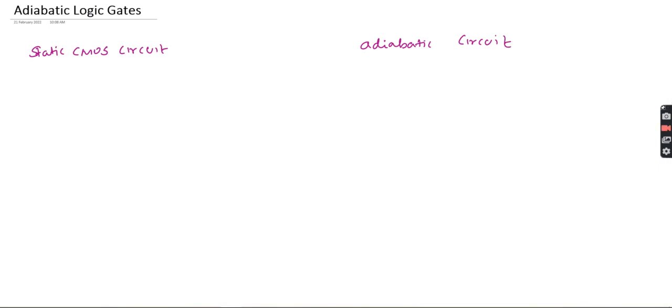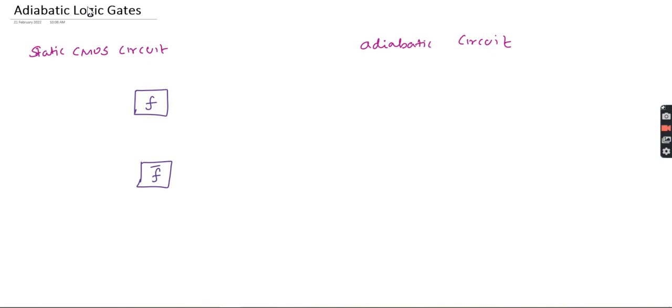Okay, let us draw that. Static CMOS, as we know, this will be your PMOS network. I am going to take it as the F function, then this as F bar. A simple static CMOS circuit means a normal PMOS and NMOS, right?